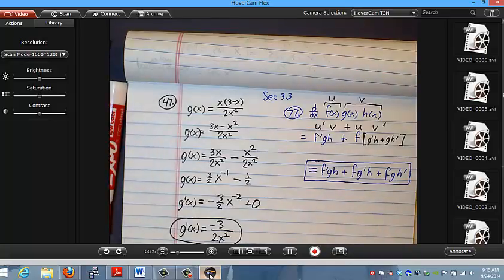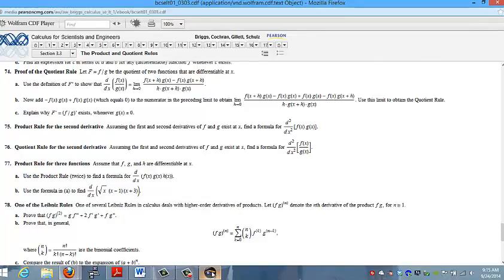And see, that's what they want me to do in part B. So I'll try part B next. They say, let's take a look at it. Use the formula to find the derivative of, now it says what? Square root of x times x minus 1 times x plus 3.